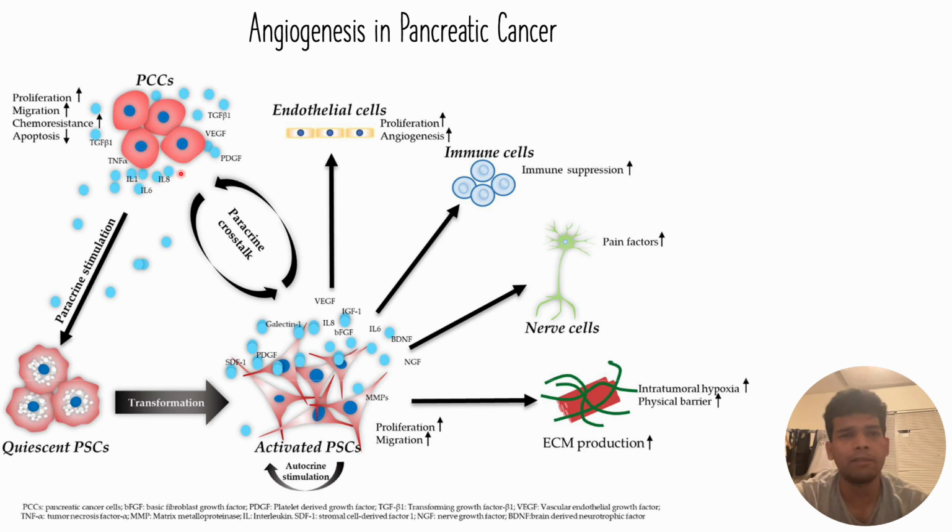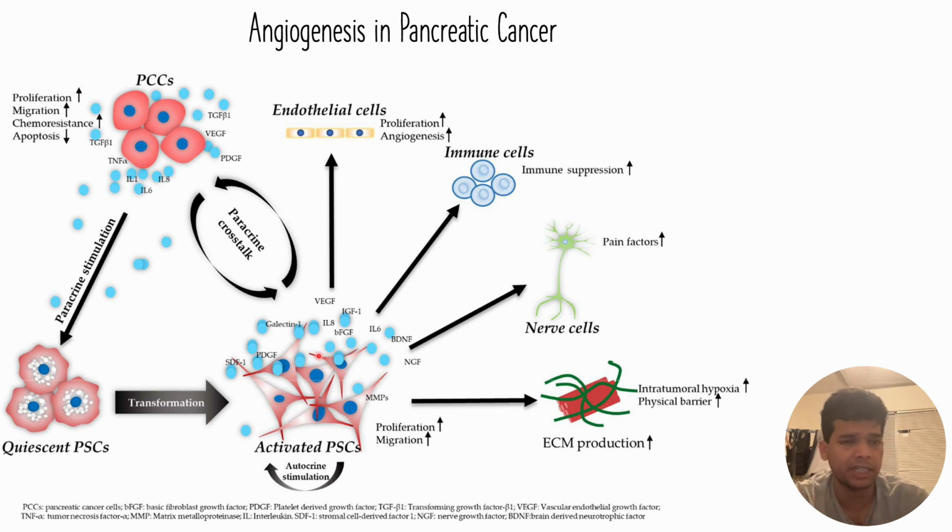In the case of paracrine, the cell releases growth factors or other extracellular proteins that interact with the receptors of other cells. Then it is called paracrine. So in this case, the paracrine crosstalk happens between pancreatic cancer cells and the pancreatic stellate cells.